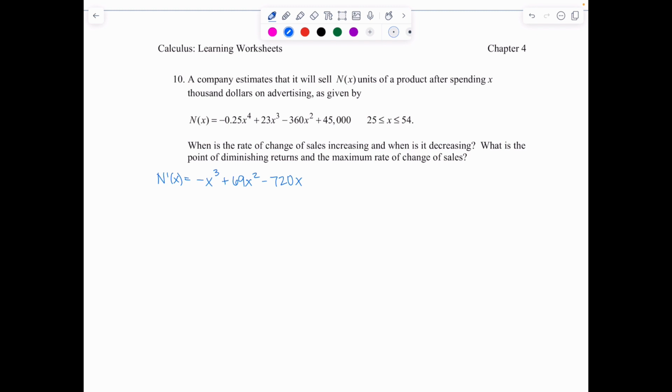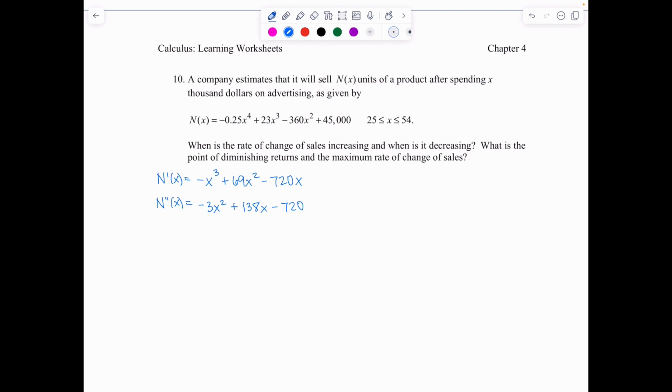Our second derivative tells us we'll have negative 3x squared. 69 times 2 is 138x. Negative 720x will be negative 720.